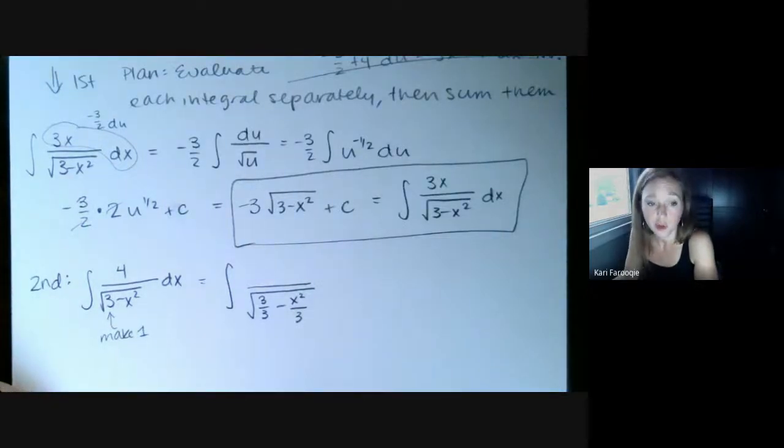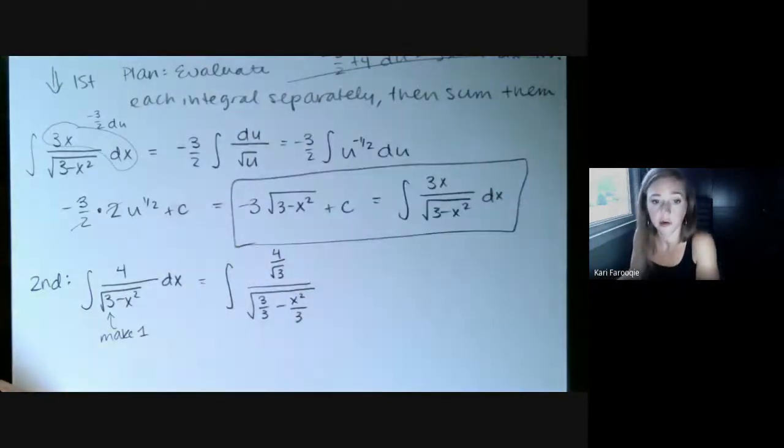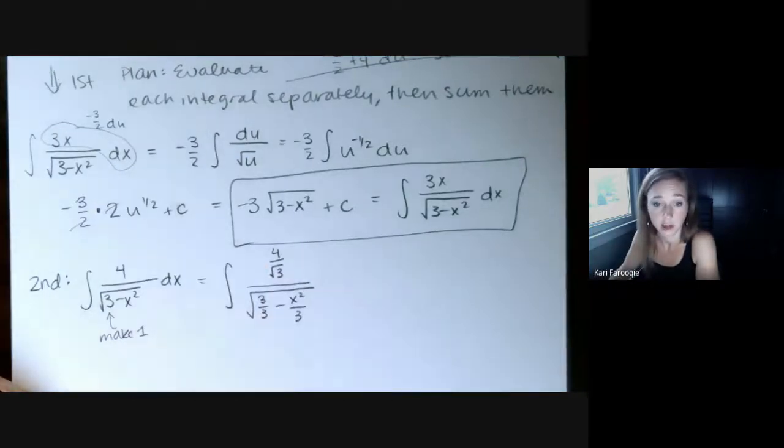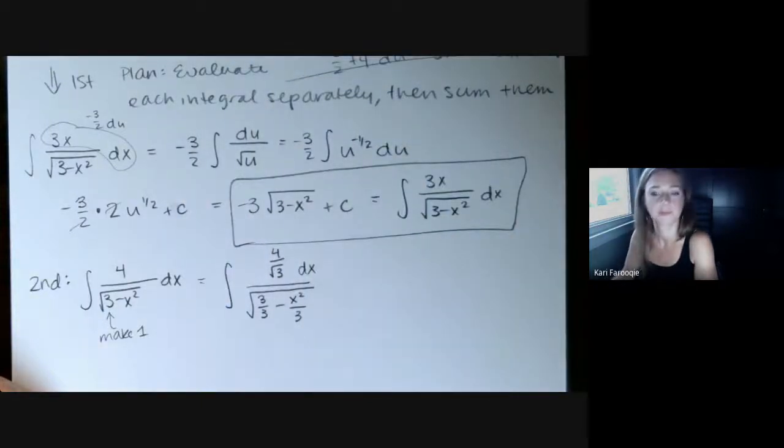However, this is tricky with the radical. You didn't just divide by 3, you divided by 3 under a radical. If you divided by 3 under a radical, then you need to divide by 3 under a radical in the numerator. Don't forget your dx.